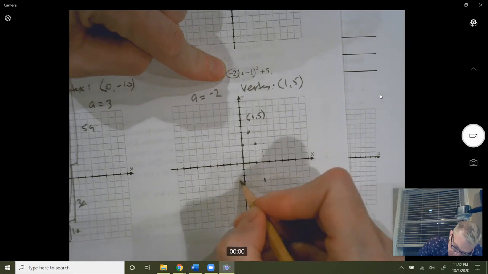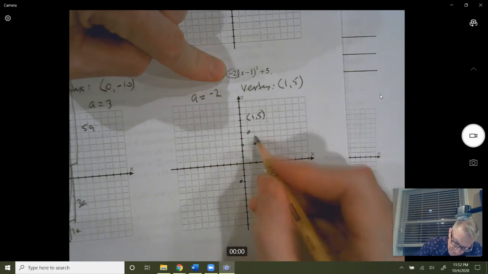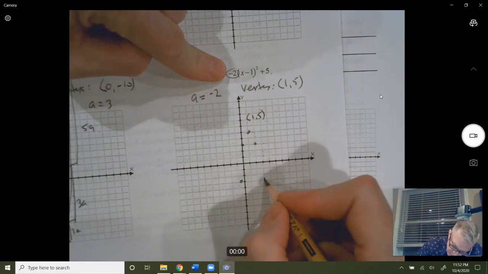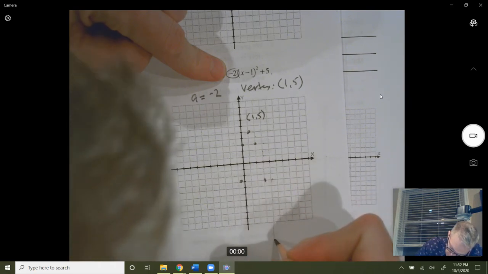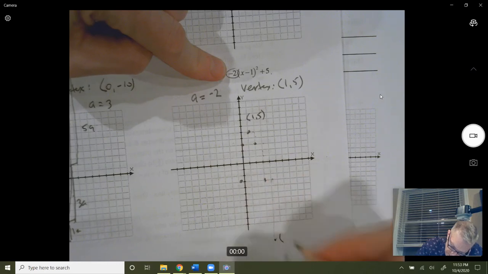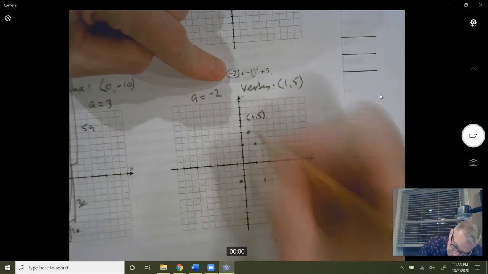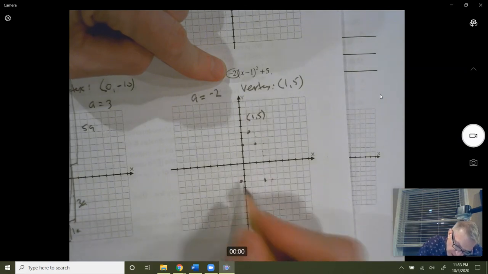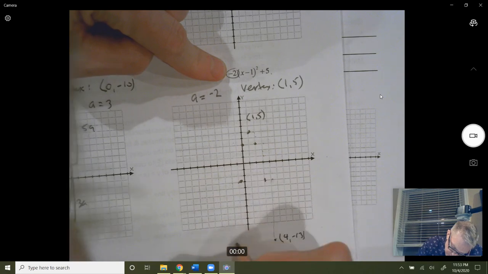The symmetric point would be over here. And 1A, 3A, 5A would be down 10. So we'd be going down to, where are we here? 1, 2, 3, 4, negative 13. Okay, and then there'd be another one over here at negative 2, negative 13.